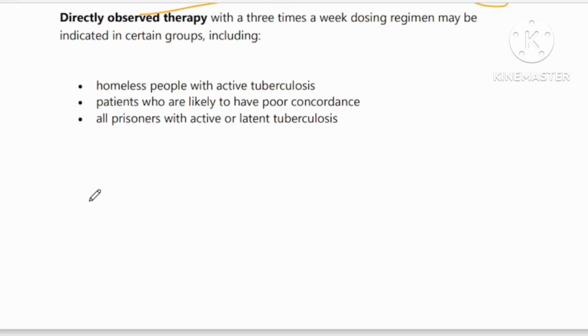Directly observed therapy is a 3 times a week dosing regime. It is a way of monitoring patients with poor compliance or who are reluctant to take daily treatment. So for the monitoring purpose, the government has announced DOTS therapy. They can count the tablets and hand them over to the patient, or appoint a personnel, or it may be a family member, and ask them to monitor that the patient takes every medication properly or not.